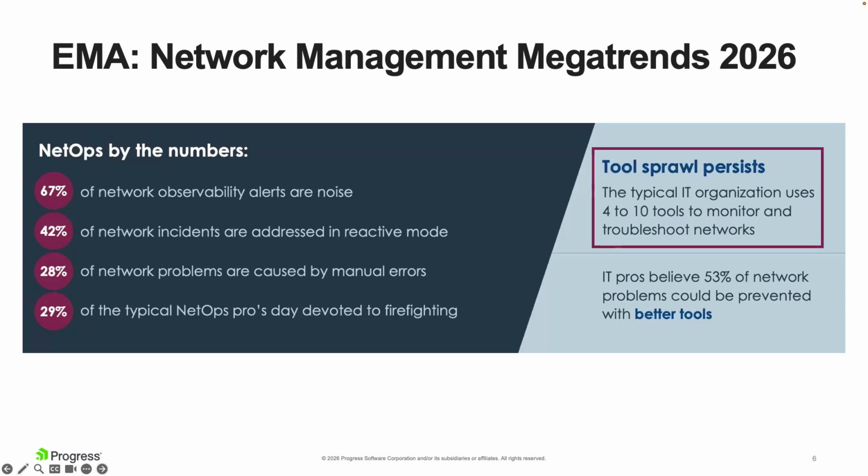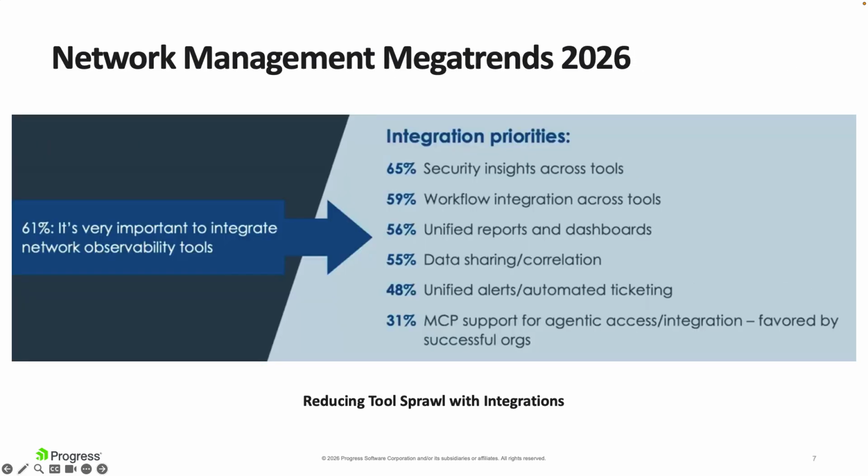So it's typical that IT organizations use 4 to 10 different monitoring tools to be able to troubleshoot their networks. And at the same time, when the analysts from EMA asked network admins and network systems engineers what would help them solve the issue, 61% of respondents thought it's very important to integrate the network observability tools together, therefore reducing the tool sprawl with integration.